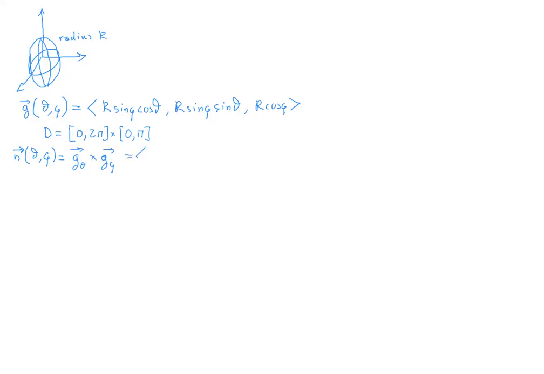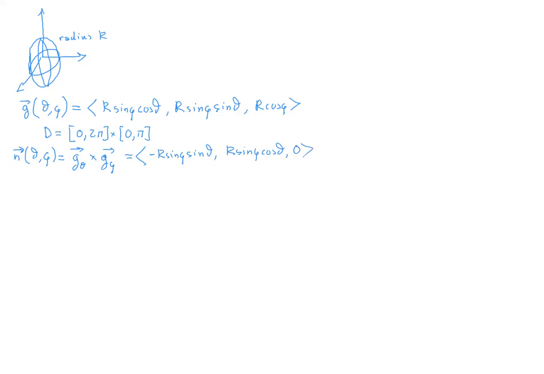And now remember, r is constant here. We're taking the derivatives first with respect to theta. So this is going to be minus r sine phi sine theta, r sine phi cosine theta, and 0.